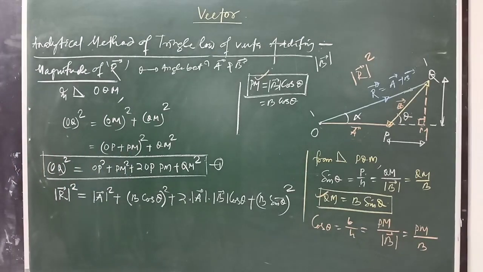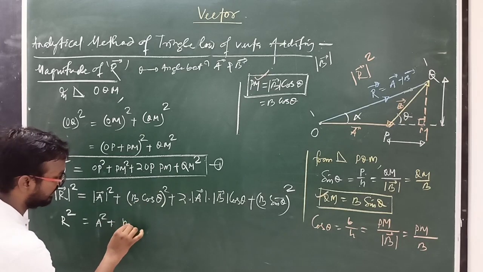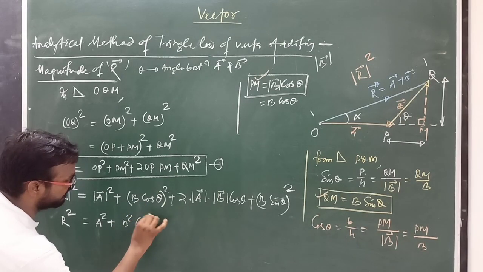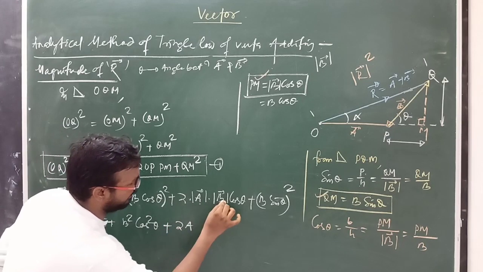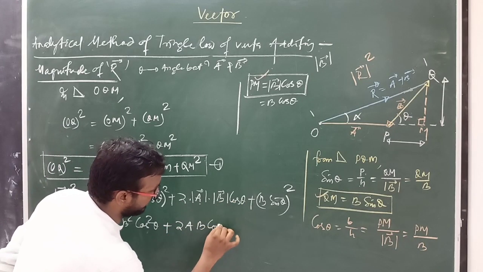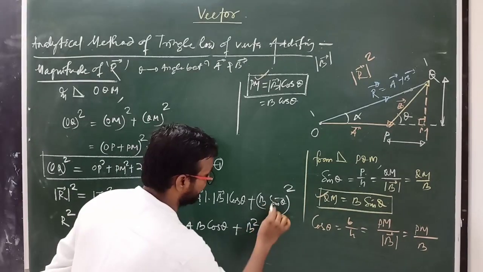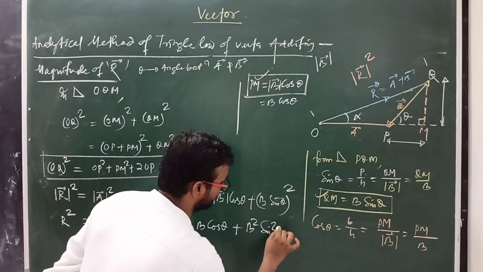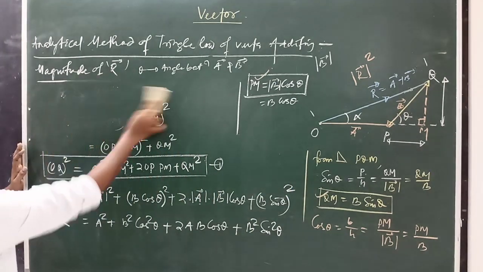Now solve this relation, then you will get R square. We already discussed this relation: R square equals A square, plus B square cos square theta, plus 2AB cos theta, plus B square sin square theta. Clear? Now solve this relation.